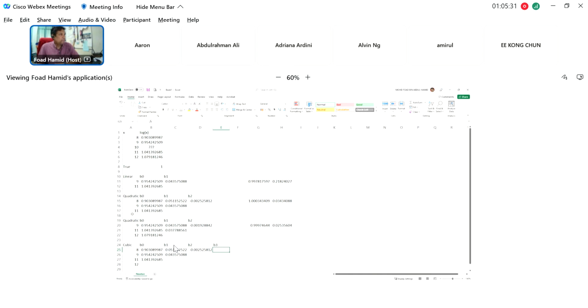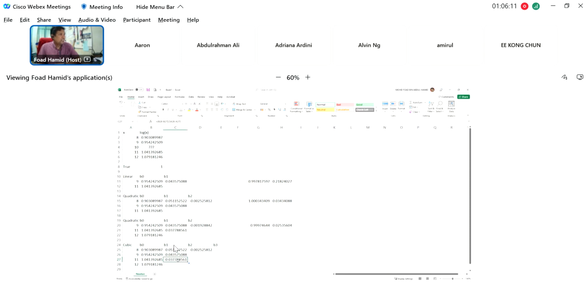So from quadratic to cubic, B0, B1, B2 are the same, no change. And let's calculate this one. Again, we need to calculate the slope between 11 and 12. This is just the same thing, just copy this.